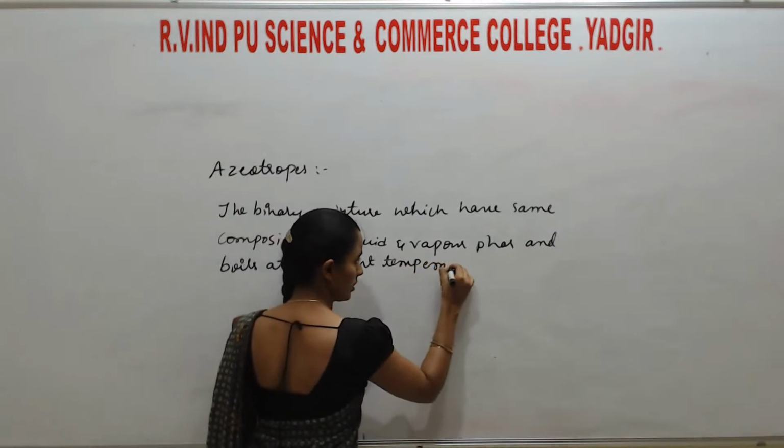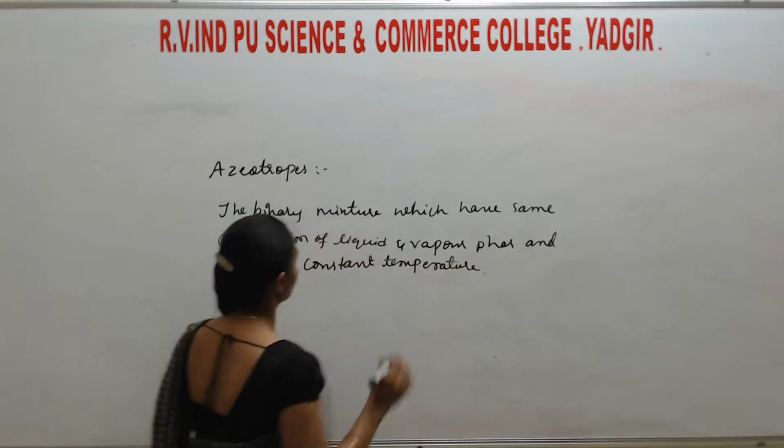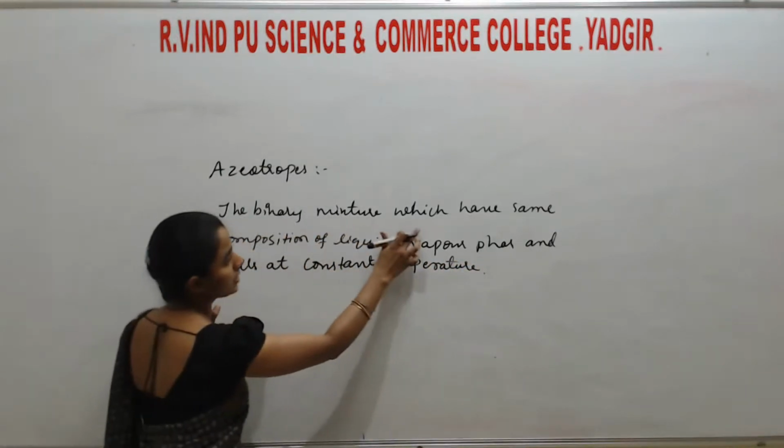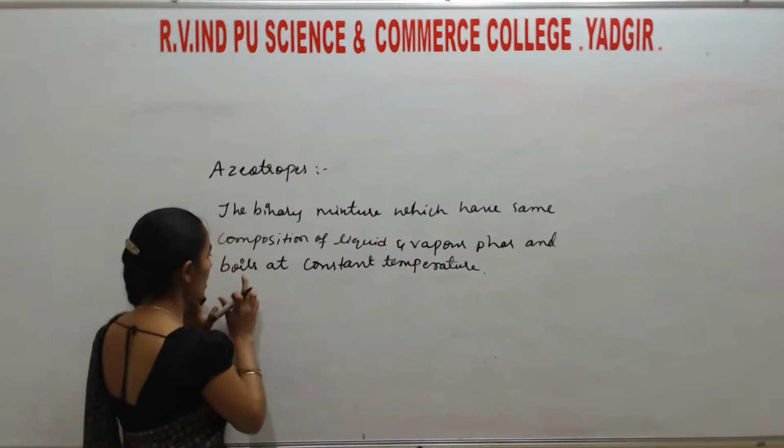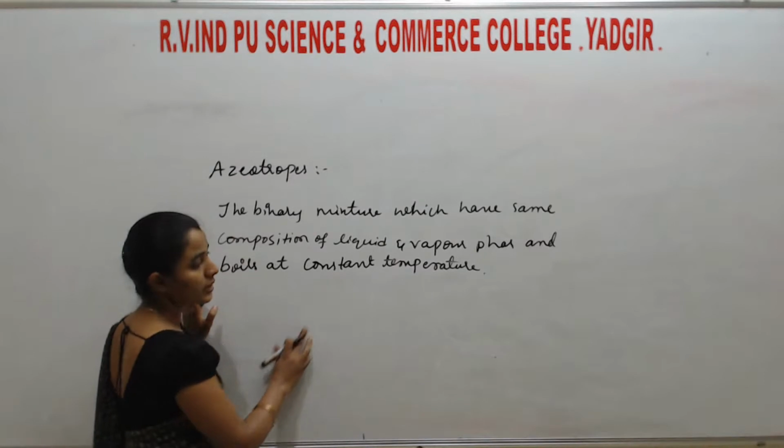The binary mixture which has the same composition of liquid and vapor phase and boils at constant temperature is called an azeotrope.